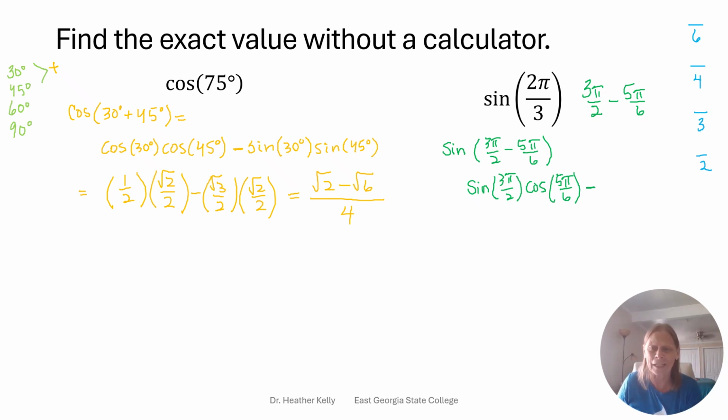Sorry, so many signs. It's really hard to talk about trig sometimes. As the same. So now we're going to say minus, and we're going to say sine of the 5 pi over 6, since we've already picked up 3 pi over 2, times the cosine of, we already have the 5 pi over 6, so I'm going to go 3 pi over 2.